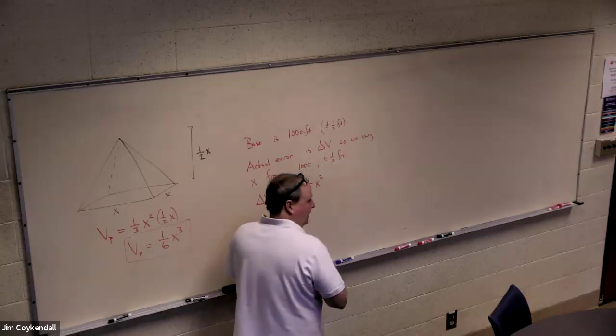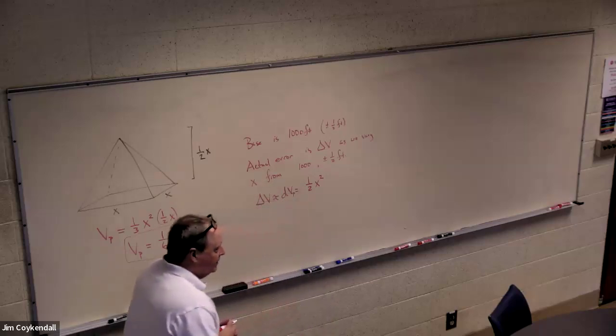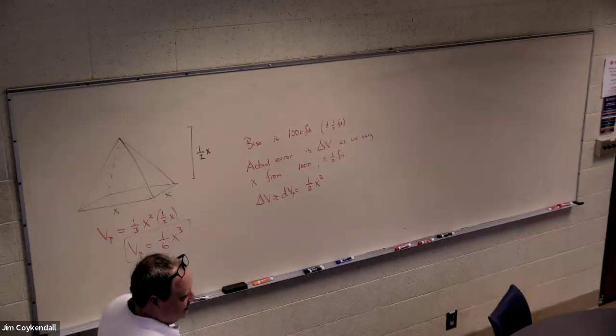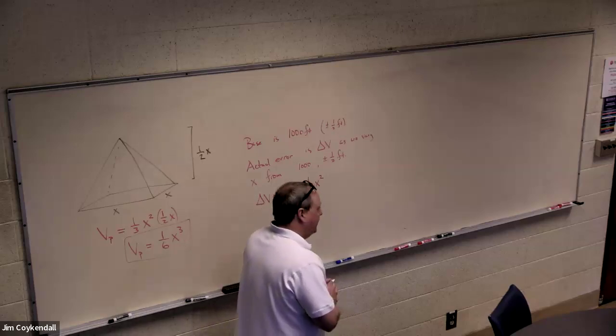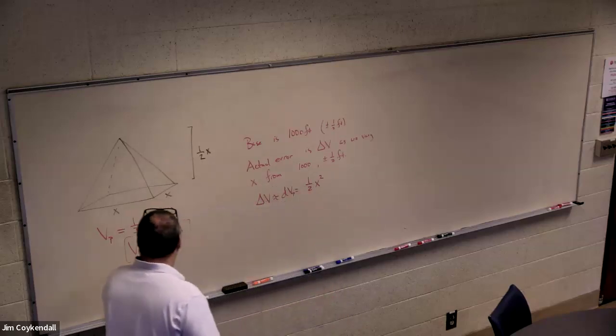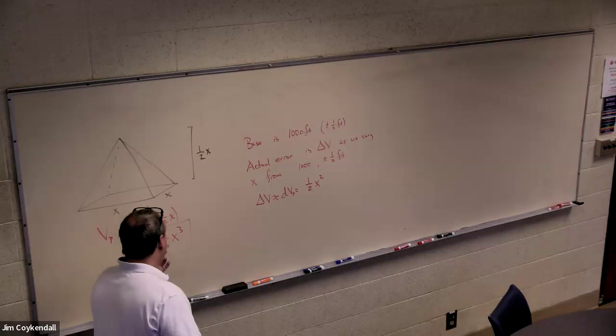There's something else we need to tack on. Just like doing a U substitution, if this was a U substitution, du equals something dx, we would say dV equals one half x squared dx.